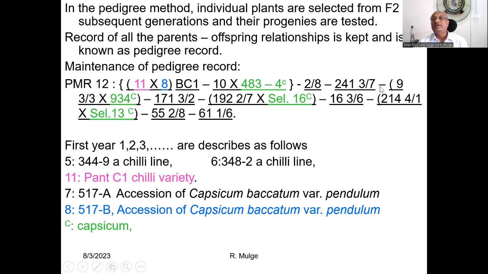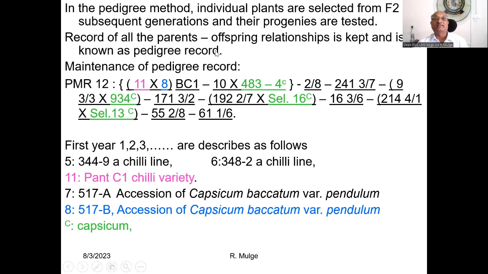Once raised, it is the 9th line, shown in several rows. Third row, 3rd plant: that plant was crossed with 934. One more capsicum line was used here. Whenever 934C is written, capsicum pollen was used for the cross, and they got seeds. Those seeds were raised in the next generation, and several lines were raised simultaneously.